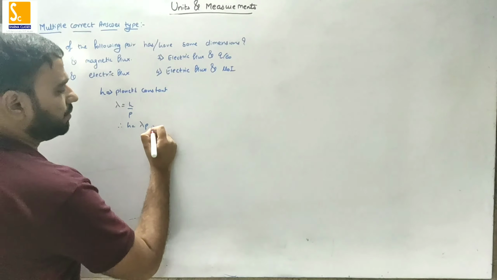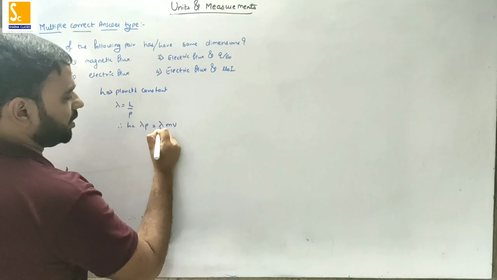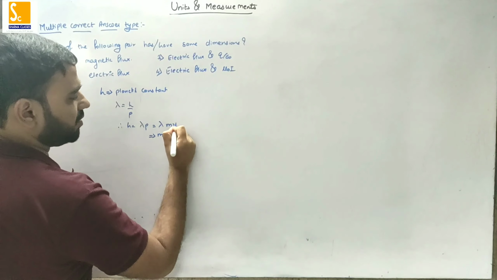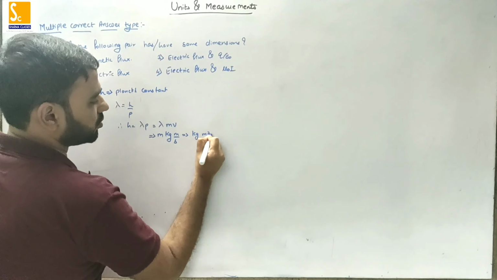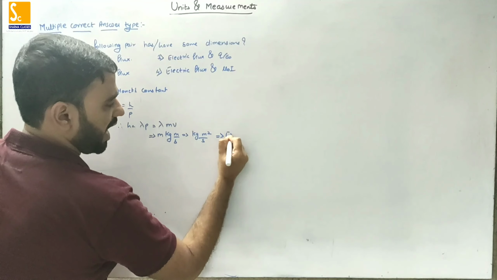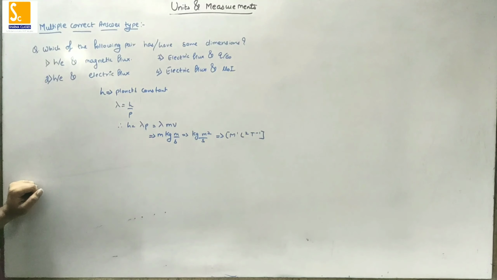P is the momentum. Momentum formula we know that mass into velocity. So SI unit of wavelength is meter. SI unit of mass is kg. SI unit of velocity is meter per second. So it can be written as kg meter square per second. So H का डायमेंशनल फॉर्मूला क्या बन गया, m raised to 1 L raised to 2 and t raised to minus 1. Fine.